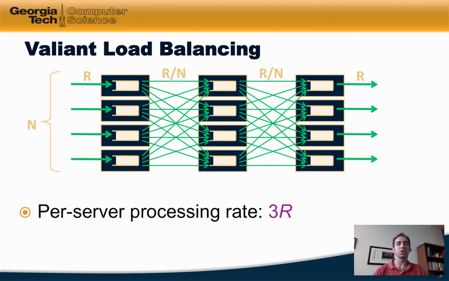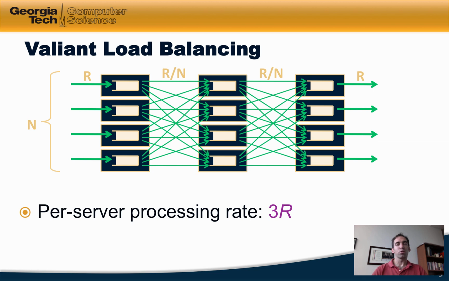Each server must now process traffic at a rate of 3r. To see where that 3r comes from, we can count the incoming traffic at a rate r, the traffic passed to n intermediate nodes, each at a rate of r over n, and the traffic on the output port at a rate of r.